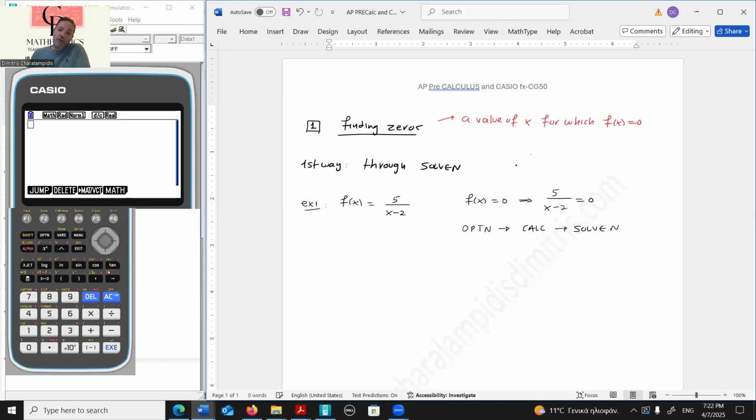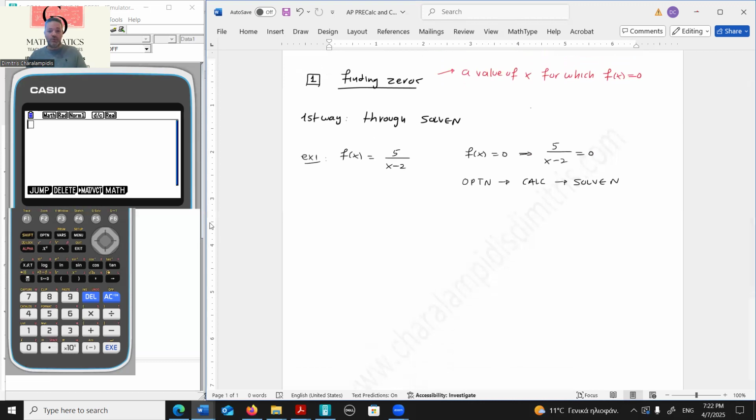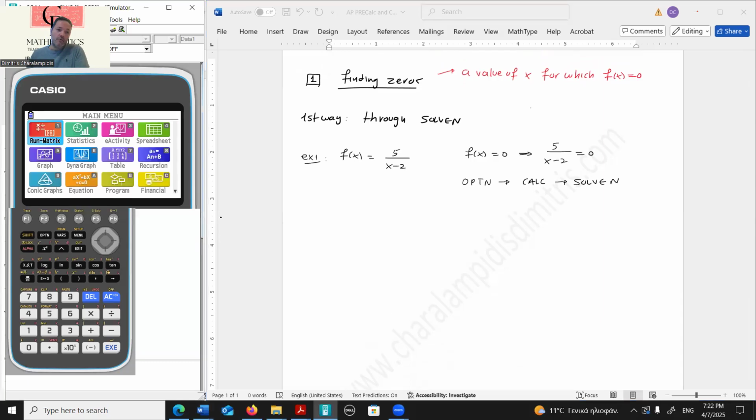Now, where can we actually find these commands, option, calc, and solve? We should go to the menu of our GDC, and click on the run matrix, which is placed on the top left corner.